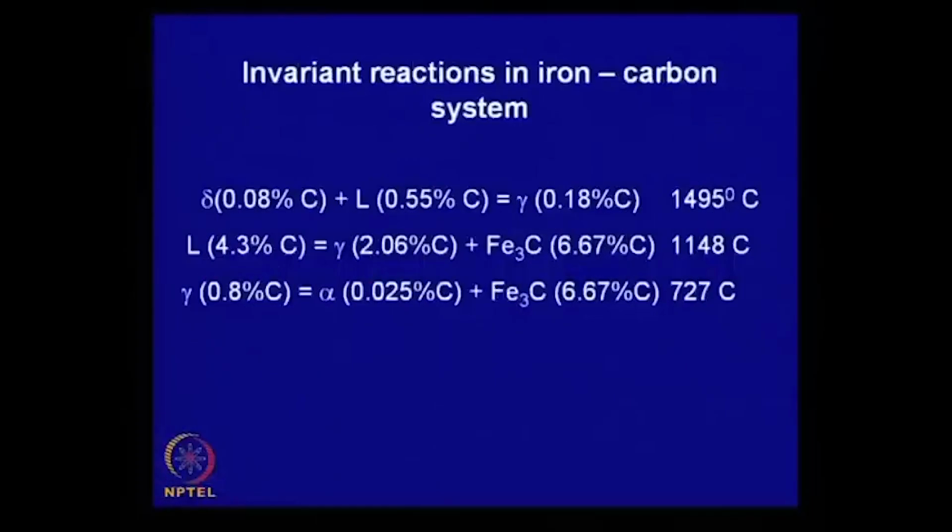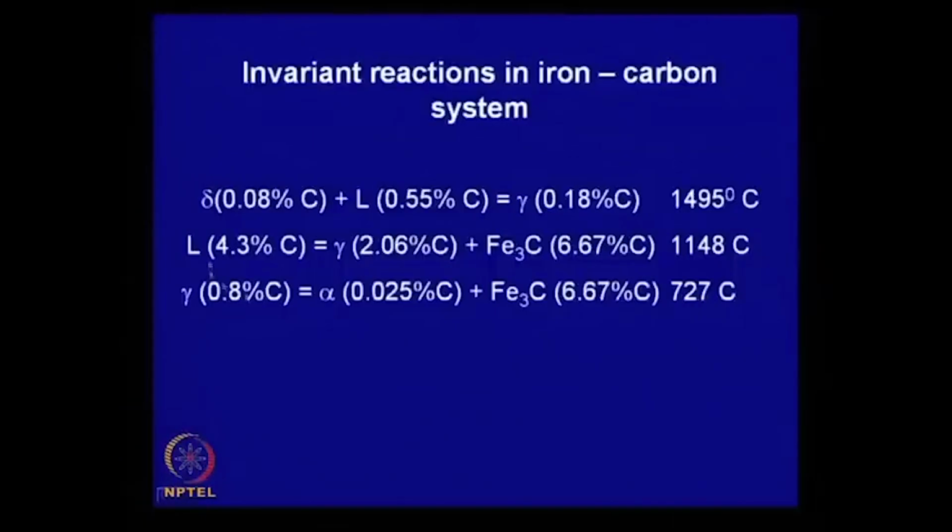So, there will be some transformations which may involve 3 phases, and therefore in the iron carbon diagram you will have 3 invariant reactions which are listed in this slide. So, these are the 3 invariant reactions.